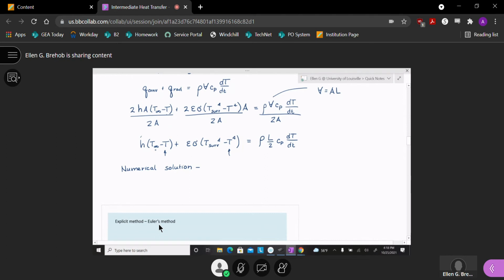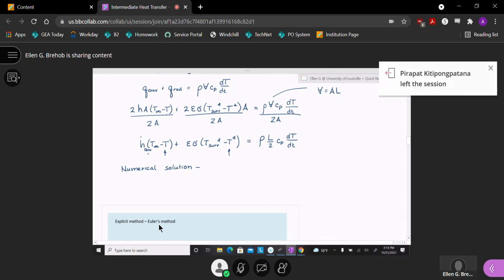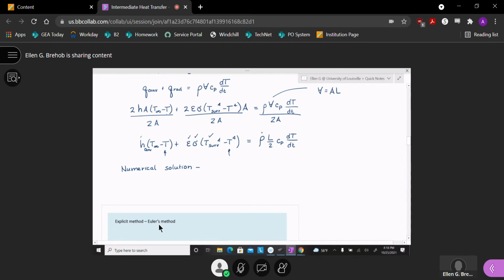I know T infinity. And this is just convection. I got off my mark for a minute there of thinking about that combined. This is only convection, right? So that's a constant. Emissivity is a constant. The surroundings is a constant.